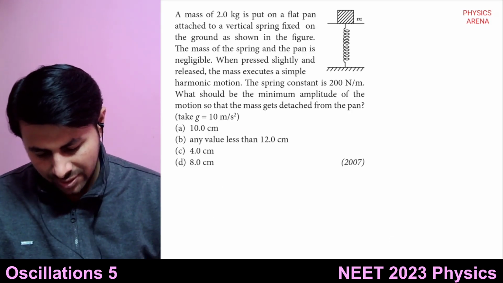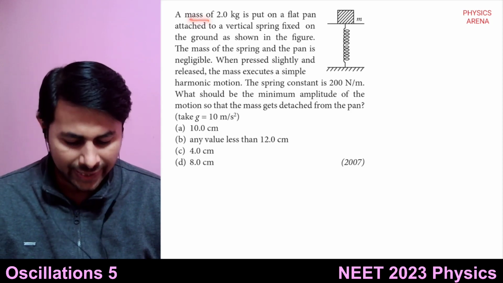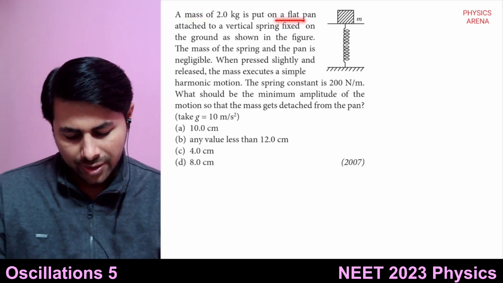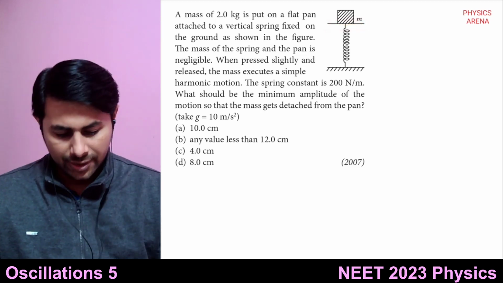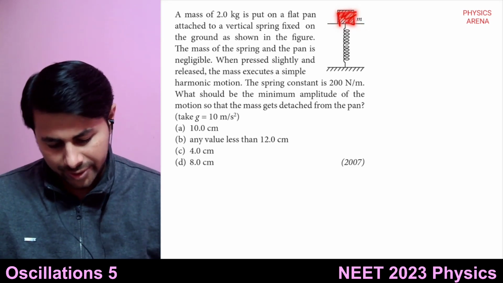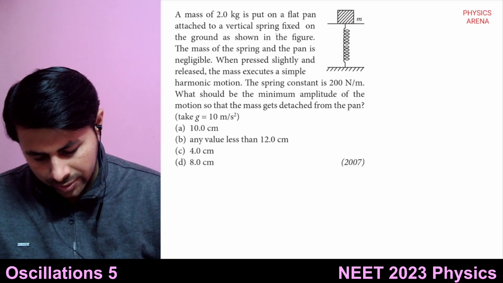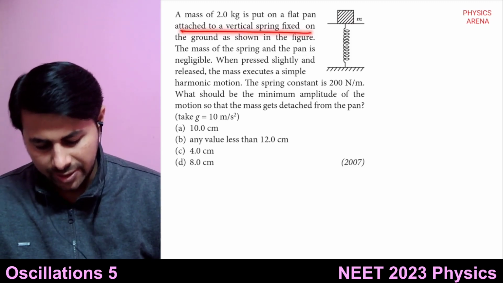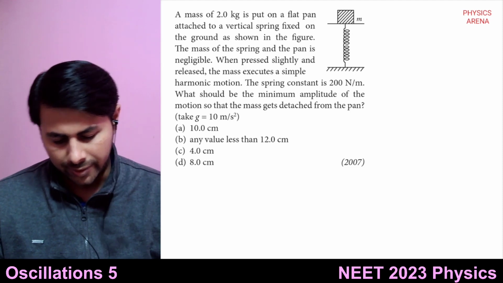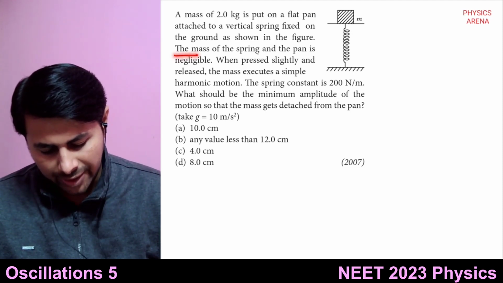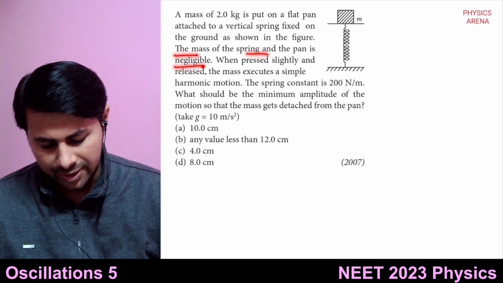Next one. A mass of 2 kg is put on a flat pan. There is a flat pan like this, and this mass is kept on it, attached to a vertical spring on the ground as shown in the figure. The mass of the spring and the pan is negligible.